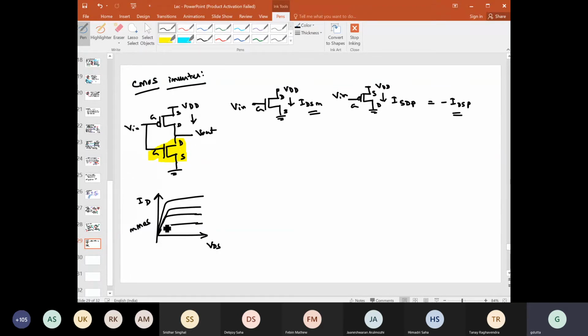Then if we want to plot the current for the PMOS on the same IDS axis, we have seen that here the IDS is negative, so obviously this ID is negative. That is fine.